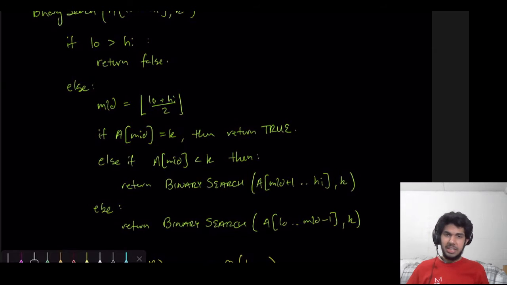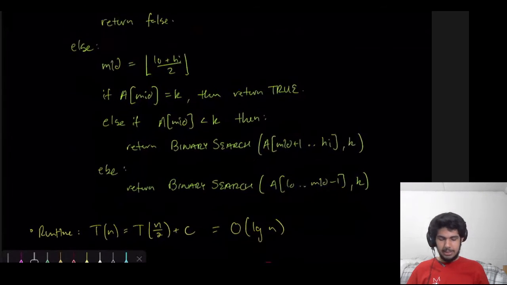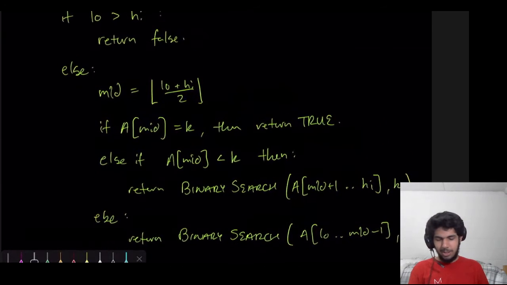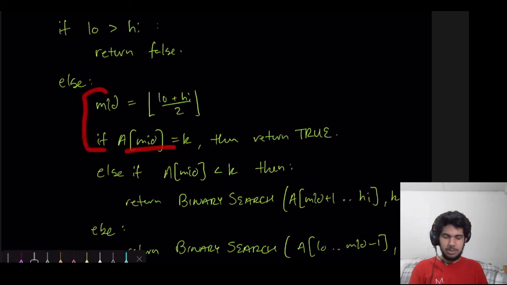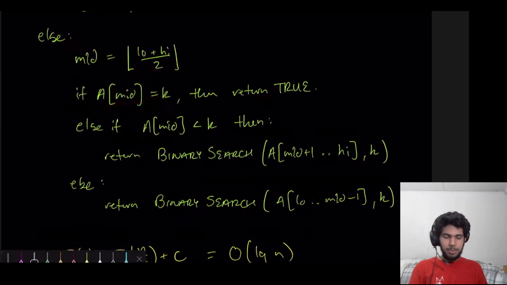So that's the pseudocode of the algorithm. As always, we'll walk through an example. But first, the runtime. In the case that we don't return false or true after just some small comparisons, most of the time we'll enter here and recursively call binary search, but now the input size has halved because mid is our midpoint and we're only taking half of the array.